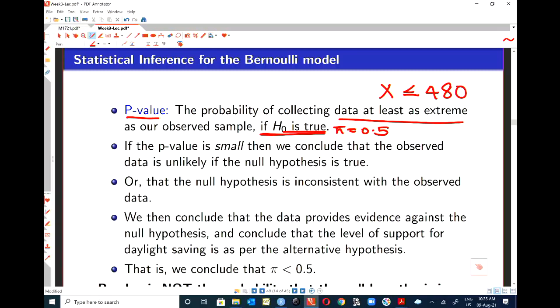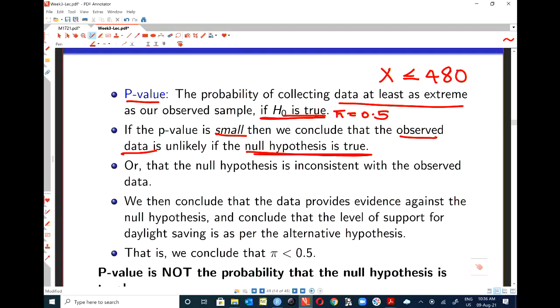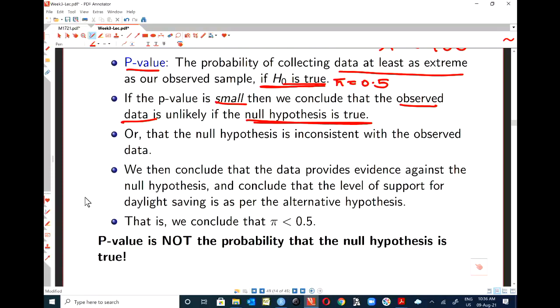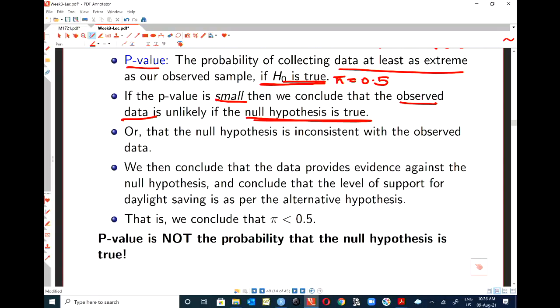If it's small, we conclude that the observed data and the null hypothesis are inconsistent. In other words, the observed data isn't consistent with the null hypothesis. There is no support for the null hypothesis in the observed data. And so this is where I will say that my null hypothesis is going to be rejected.